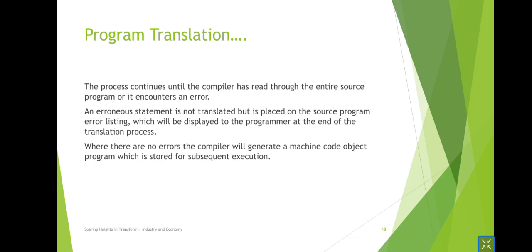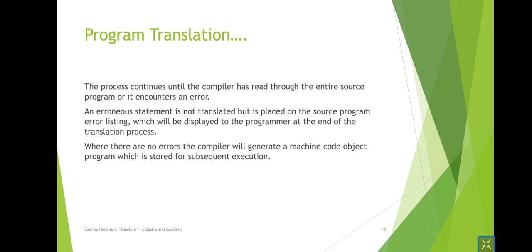So after the translation process is done, either through the use of an assembler that we have said was being used many years ago, or currently a compiler, the compiler will read through the entire source code, and if it encounters an error, it will report that error and continue up to the end of the program.